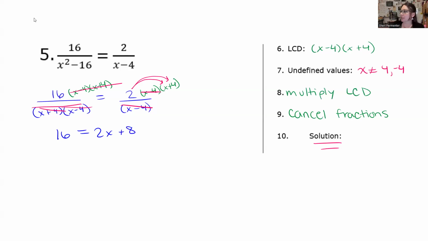What do we do first? Subtract 8. We get 16 minus 8 is 8 equals 2x. And very last, we need to do what? Yep, divide by 2. And when we do that, we get x equals 4.